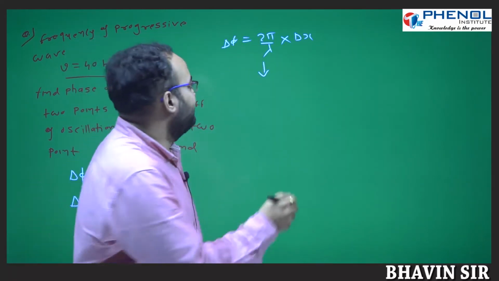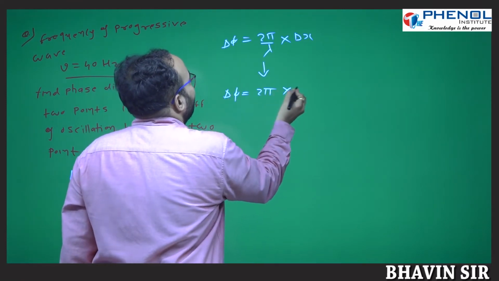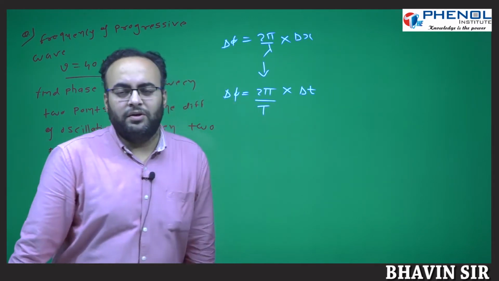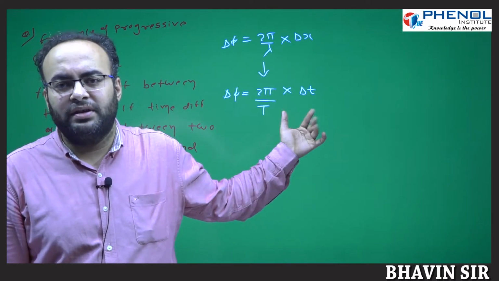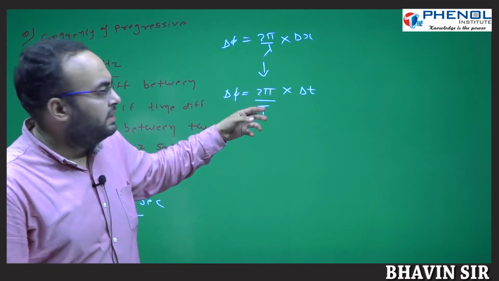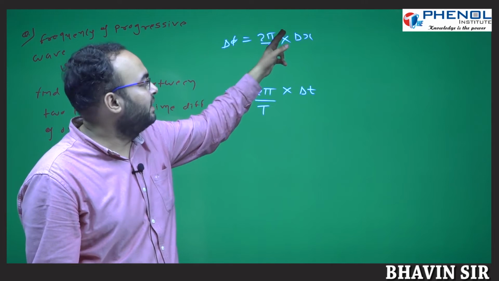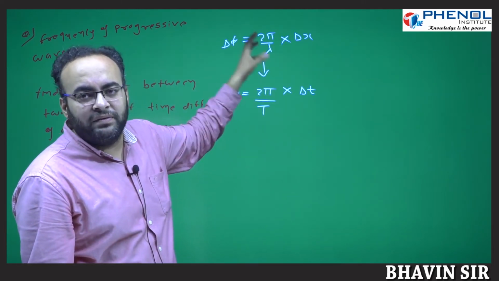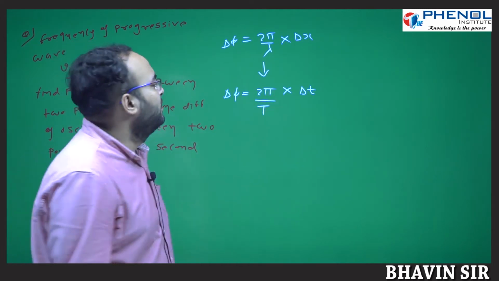So what is the change in formula? See, here we consider time difference, then we consider time period. That formula we will prove in the last lecture. We have proved it, students. So how to remember? If instead of path difference we consider time difference, then instead of wavelength we consider time period T. Okay, chalo.